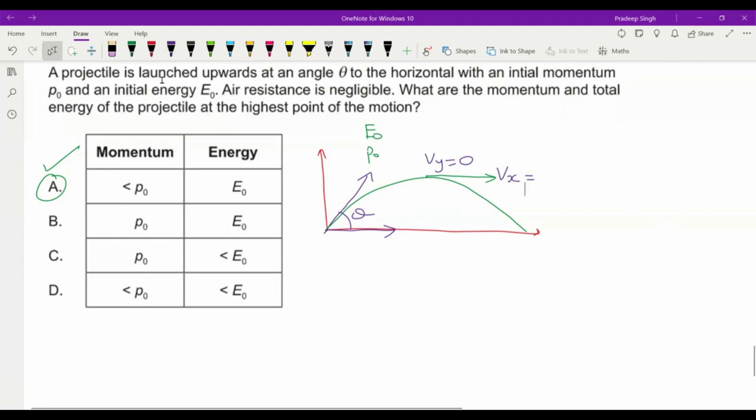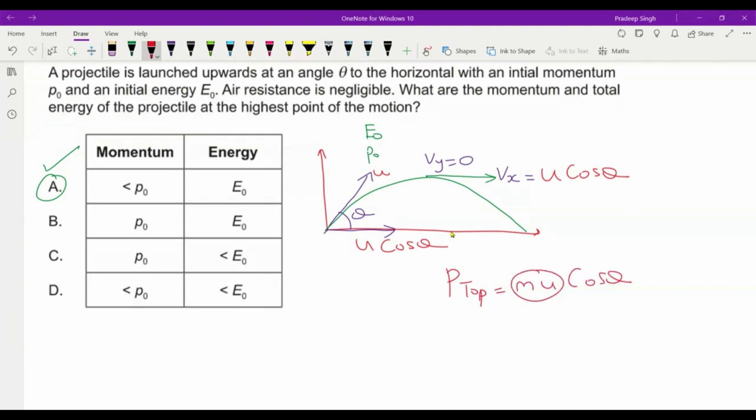Same, sir. Okay, good. So the entire trick here is if the initial speed is u, the horizontal component is u cos theta, and that will stay throughout the entire motion. So even at the top, you will have u cos theta. So let me write the momentum at the top will be mu cos theta, where mu is your original momentum.